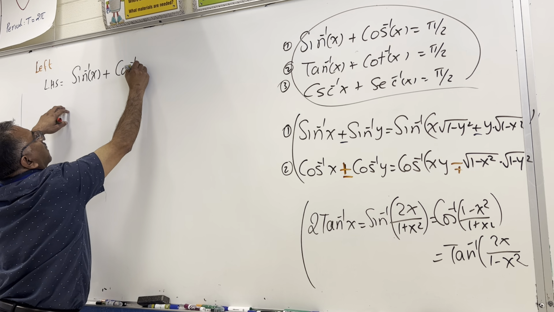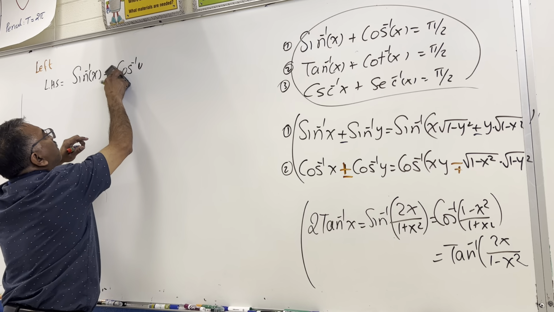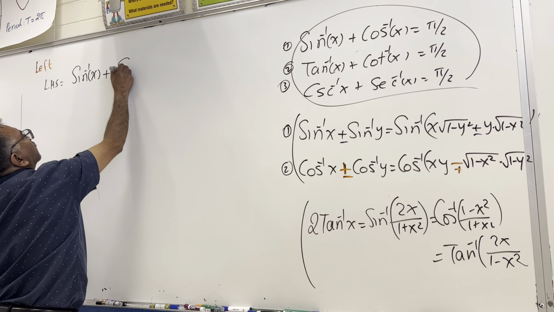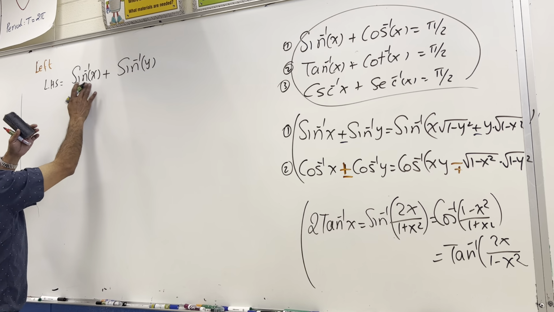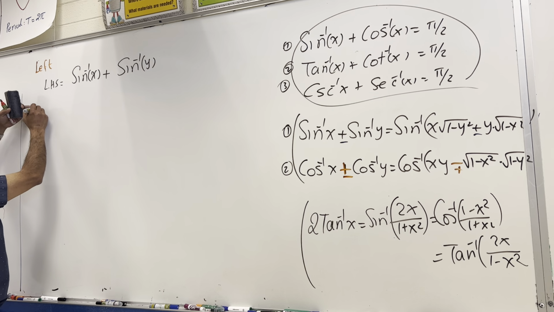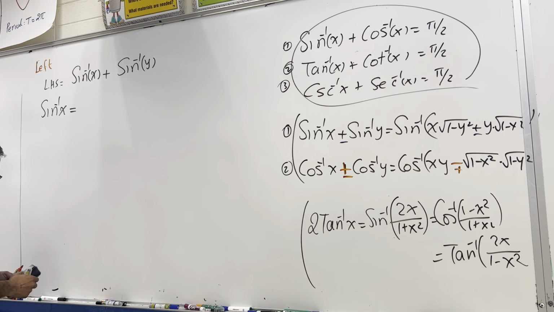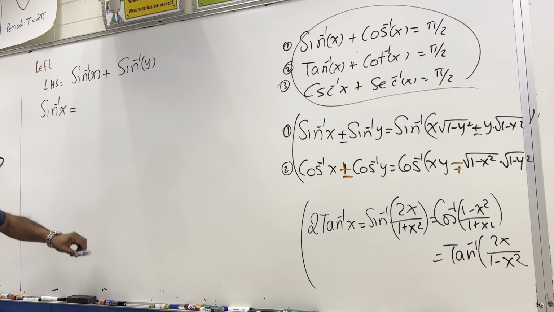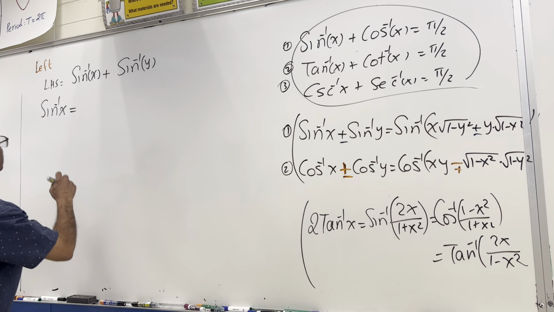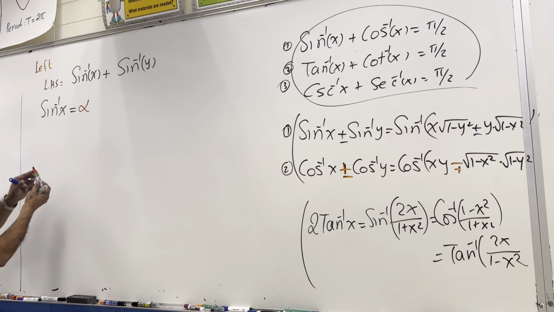So each time we will replace it by some angle. Instead of sine inverse of x, I'm going to call this alpha.